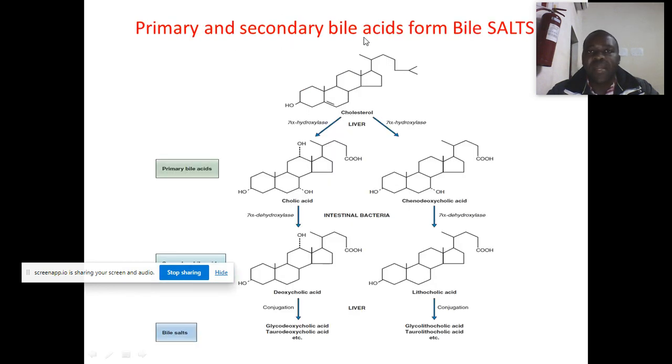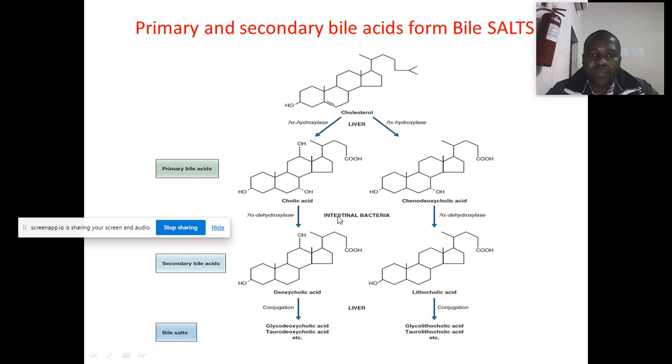It's the primary and secondary bile acids that form bile salts. So the liver synthesizes bile acids from cholesterol. We have a bile acid called cholic acid and chenodeoxycholic acid. In the intestinal epithelium, we know there are intestinal bacteria.